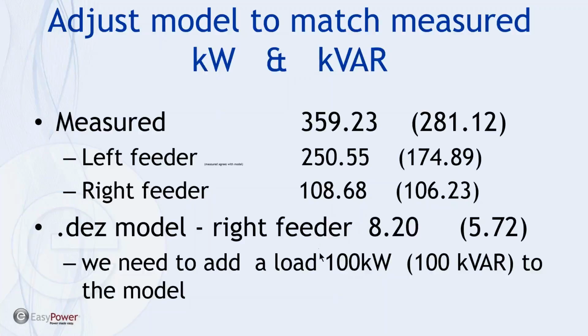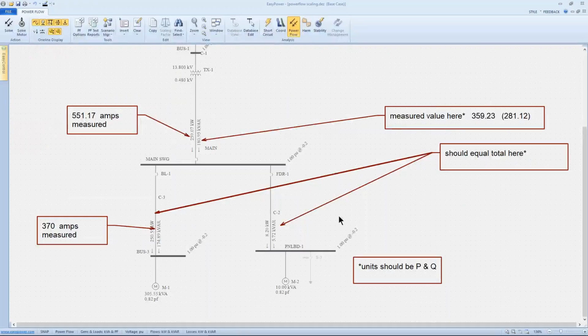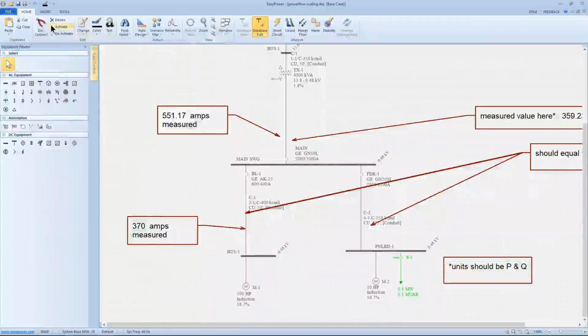So what I'm going to do is add a virtual load to make up for that, because the real system isn't that accurate versus our model. The way that looks in EasyPower, as we go back to the model, is I've set up a virtual load here, and I'm going to do it in the database edit.